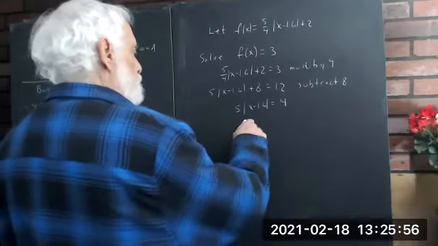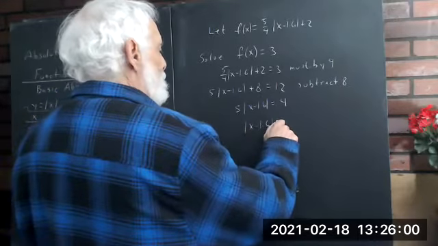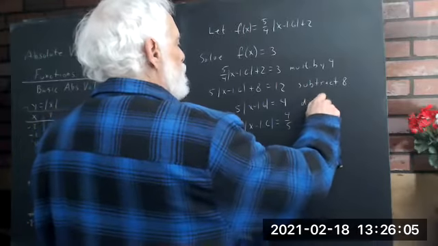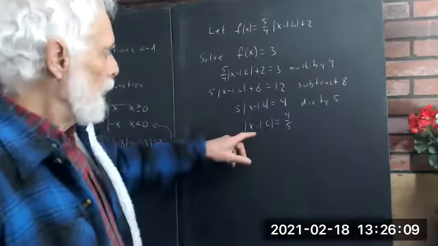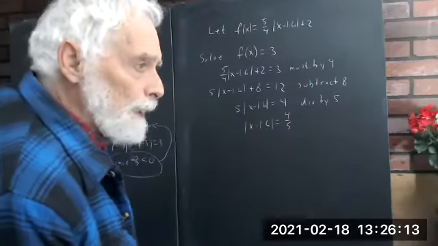So the absolute value of x minus 1.6 equals 4/5.